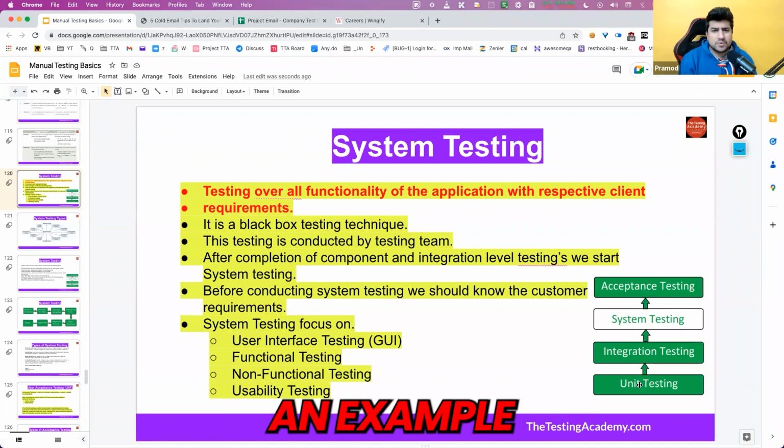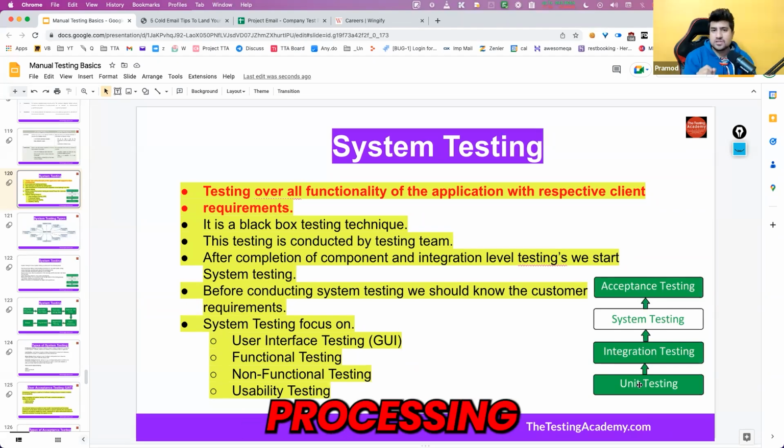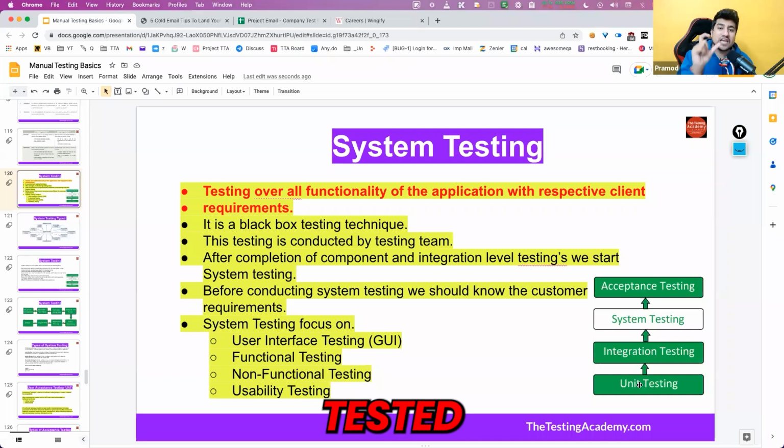Okay, let's take an example. I think we have taken an e-commerce website, right? In our e-commerce website, which was a dummy, you can say Amazon.com, first of all the units were the login page, registration page, add to cart page, product listing page, and payment processing page. These are the smaller modules that we tested individually as units.